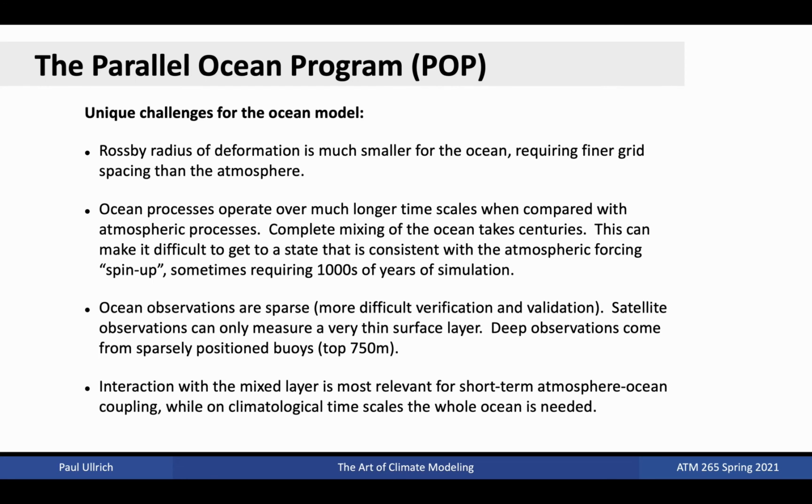Generally, satellite observations can only measure a very thin surface layer, while deep observations come from a sparse network of buoys and is largely measured only in the top 750 meters of the ocean. Fourth, while interactions with the mixed layer are most relevant for short-term atmosphere-ocean coupling, on climatological timescales the whole ocean is needed, as accumulated heat can be stored in the deep ocean.